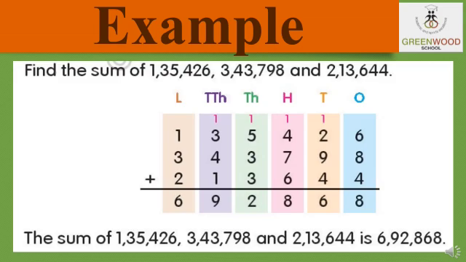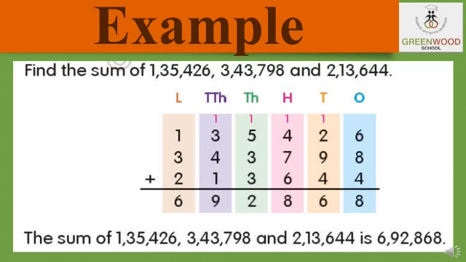Step 1, add the ones, that is 6 plus 8 plus 4 is equal to 18. Now 18 is a 2-digit number, so we'll split it. 8 that is at ones place we will keep down, while the 1 that is at tens place we will carry on the head of 2 in tens place.